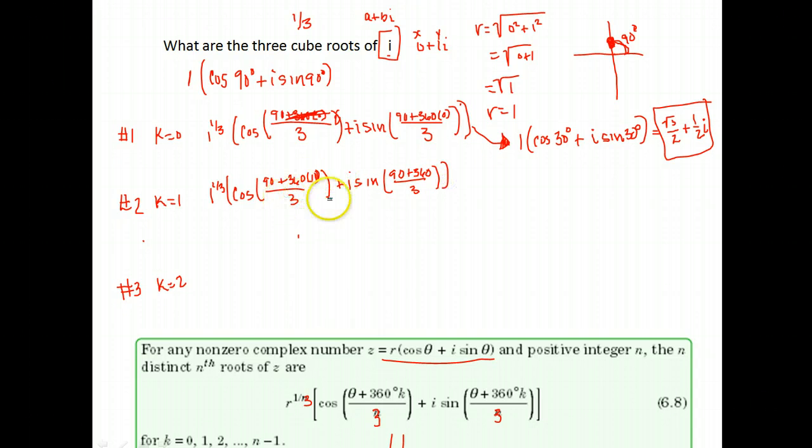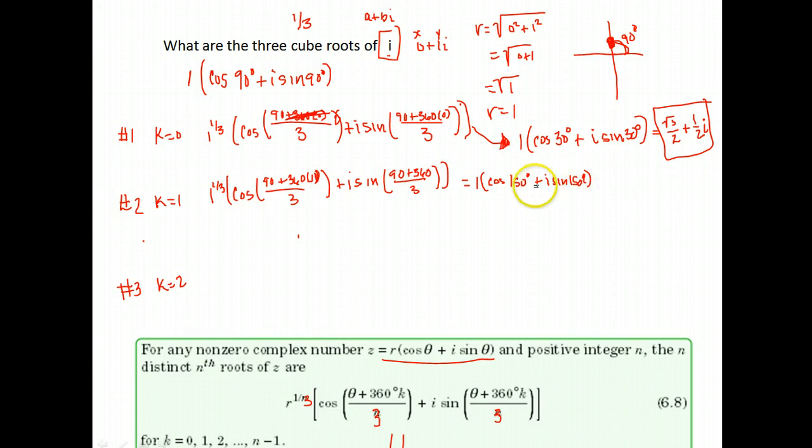Well, 1 to the 3rd power is still 1. Then 360 times 1 is 360. If we add 90 to that, we get 450, and divide by 3, we get 150 degrees for our angle.